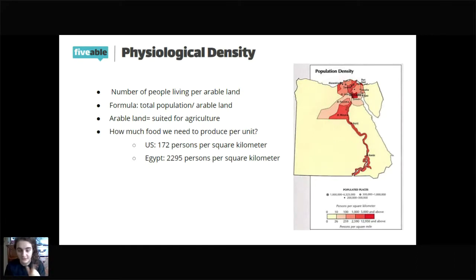That would be the Nile River. They don't really have a lot of farmland, so the small farmland they have has to support so many people. That's why the physiological density is high. Their square kilometer of land has to produce much more food than our square kilometer of land because they have so many people.